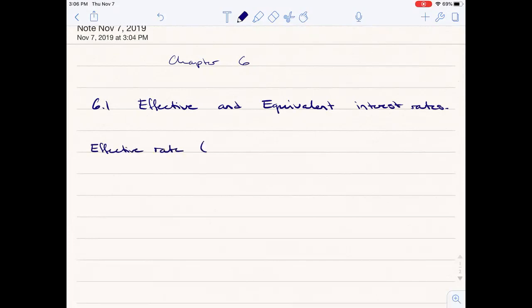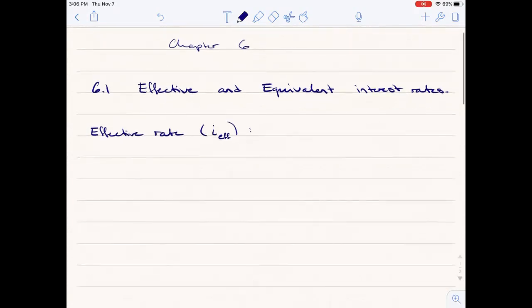The effective rate, which we denote by, so it's a periodic interest rate I, but then we do a subscript little EFF, is the annually compounded rate that produces the same future value as the given nominal rate, right? So if I give you 5% compounded biweekly, we can convert that to an effective rate, and it would be the equivalent rate, but for an annual compounding.